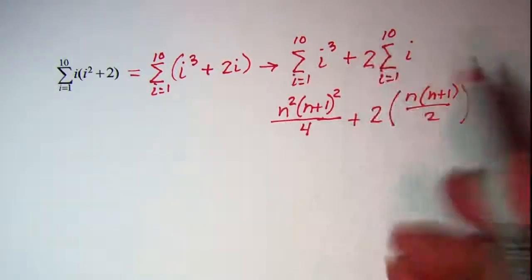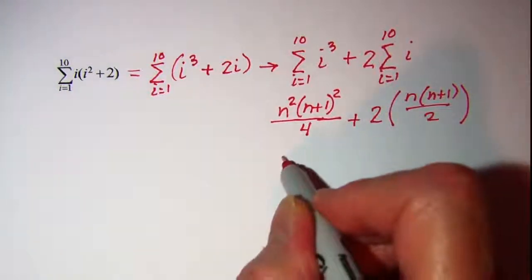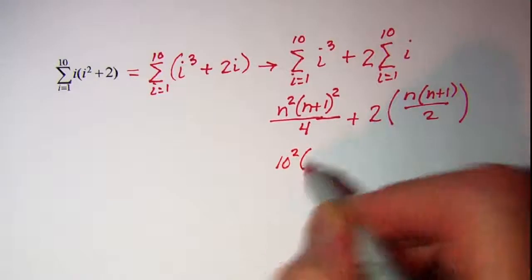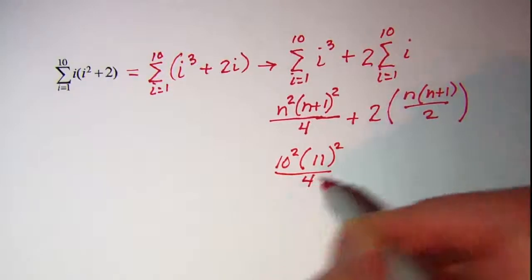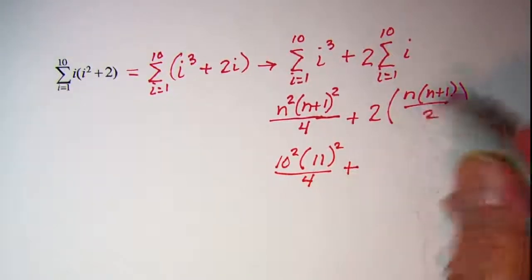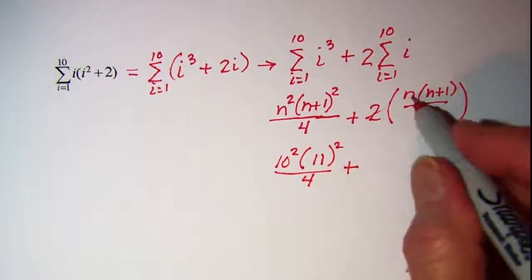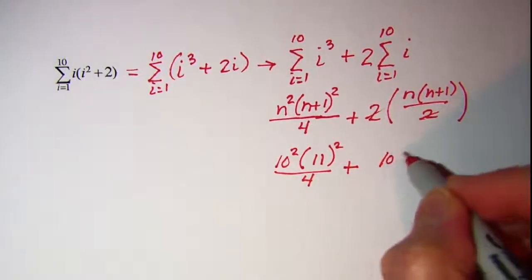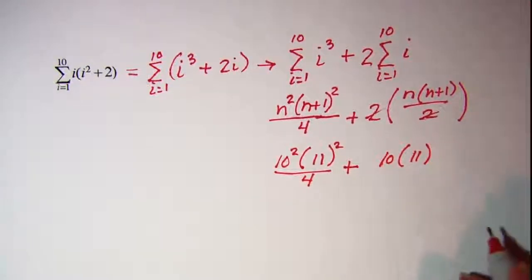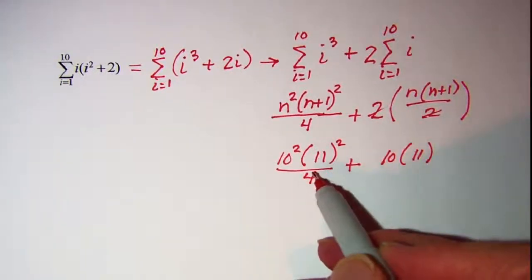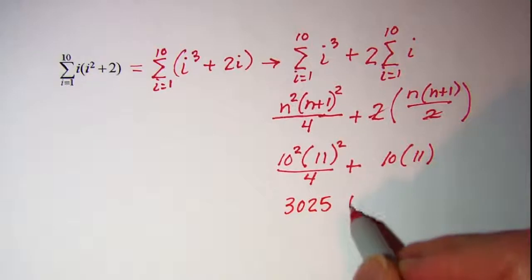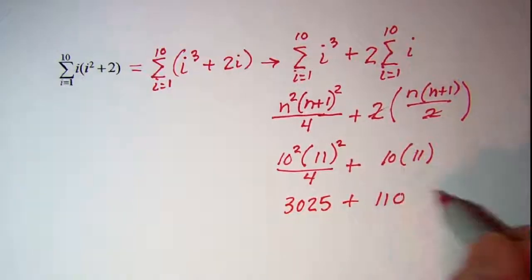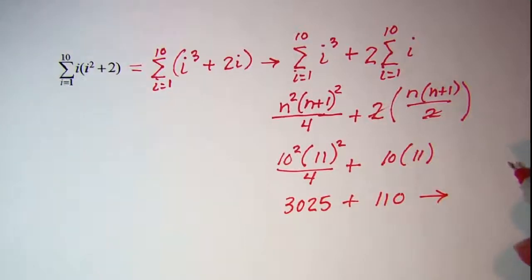Now n is 10, so this is 10 squared times 11 squared over 4 plus, I can cancel my 2's here, and I have 10 times 11. So this simplifies to 3025, and this is 110. So my summation is 3135.